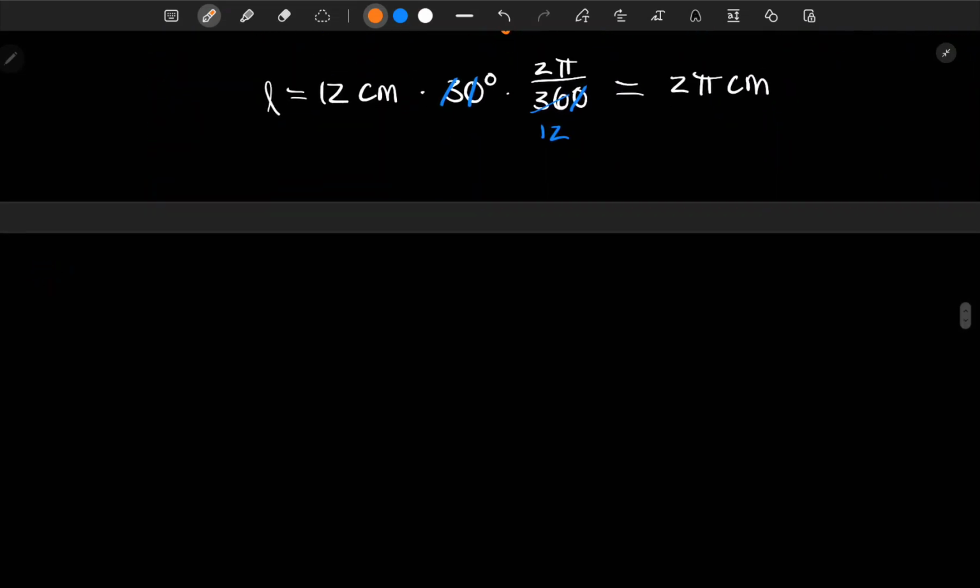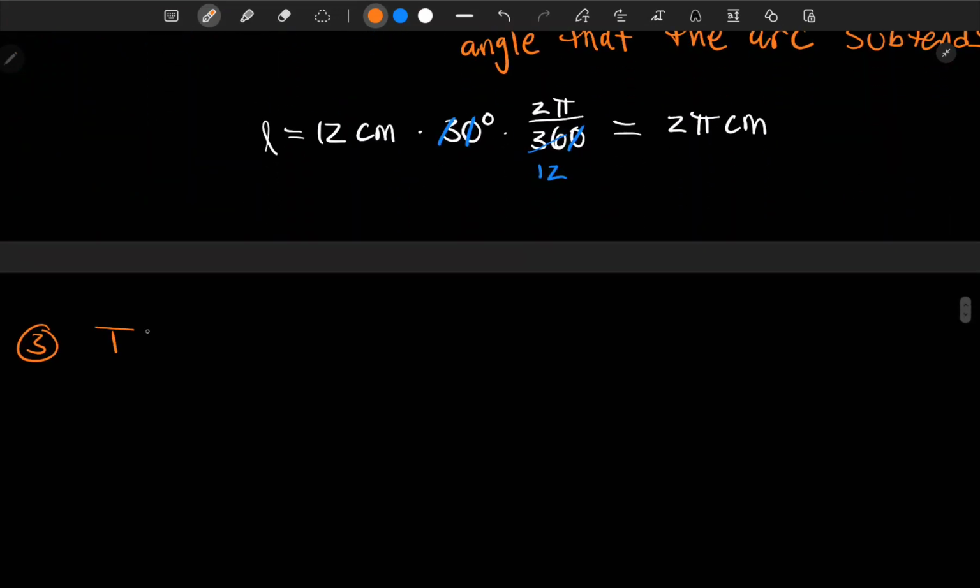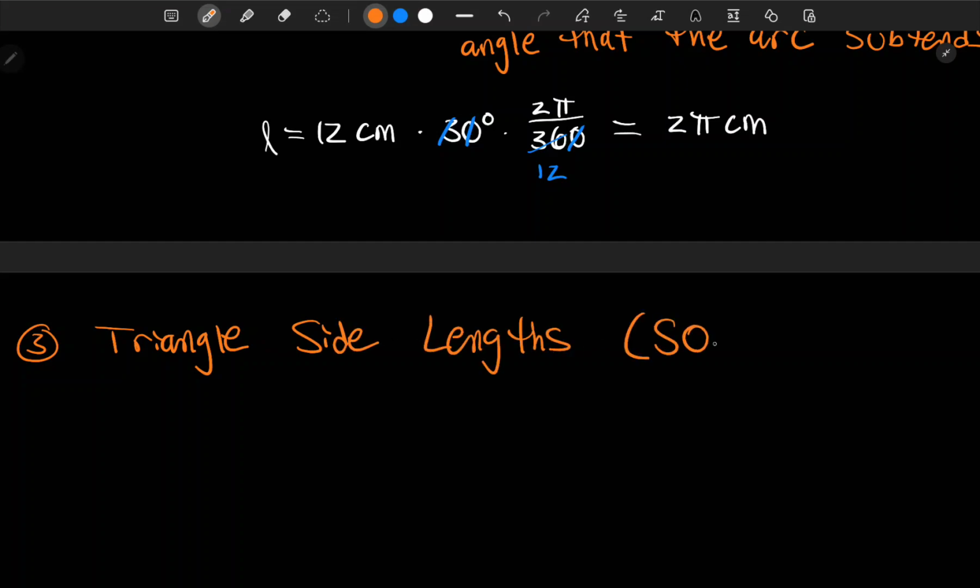Next, we will look at triangle side lengths. You may have learned this as SOHCAHTOA.